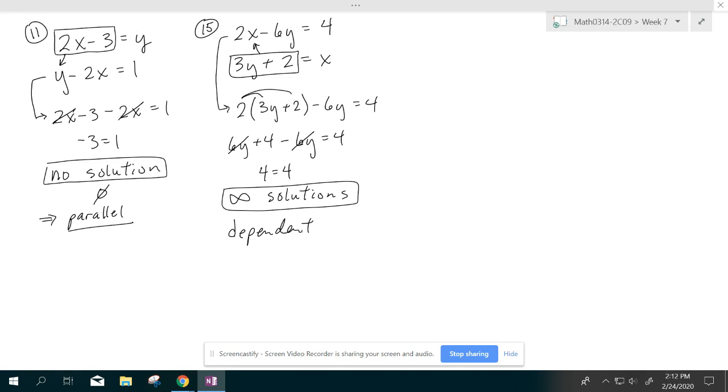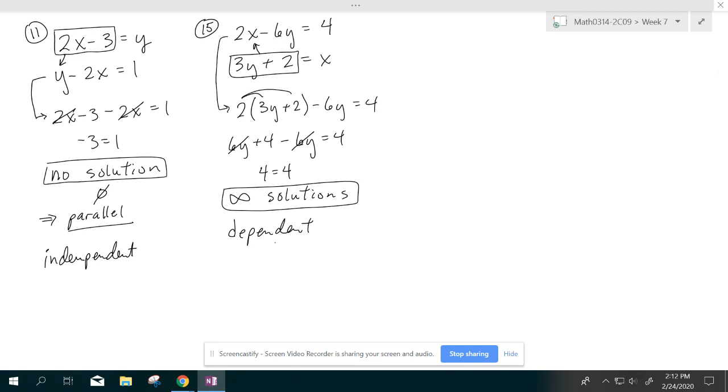If two lines are the same line, they're dependent. Otherwise, they are independent. So the parallel lines would be independent, and the infinite solutions would be dependent.